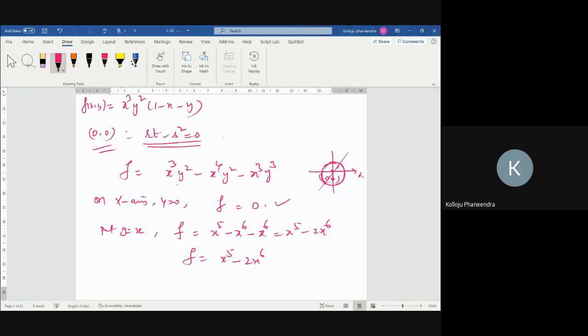Take some point on this line. At x equal to, say, 0.1, it is 0.1 power 5 minus 2 into 0.1 power 6. What is this value?